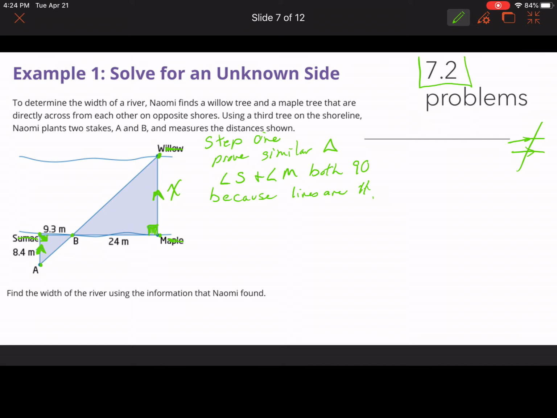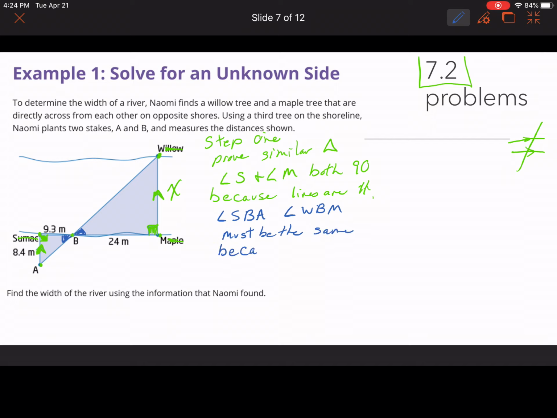Then we know that this angle and this angle have to be the same. So angle SBA and angle WBM, because they're opposite angles.